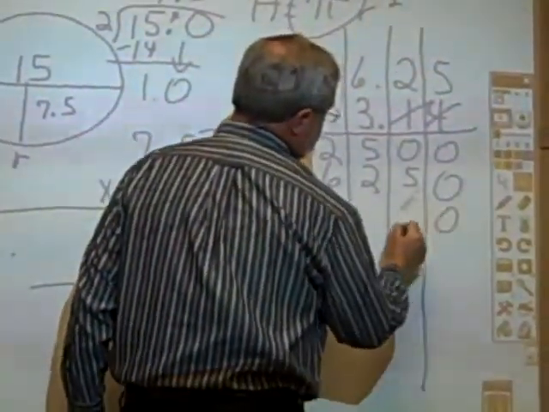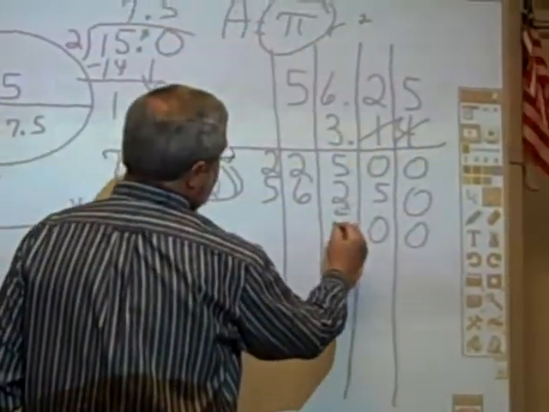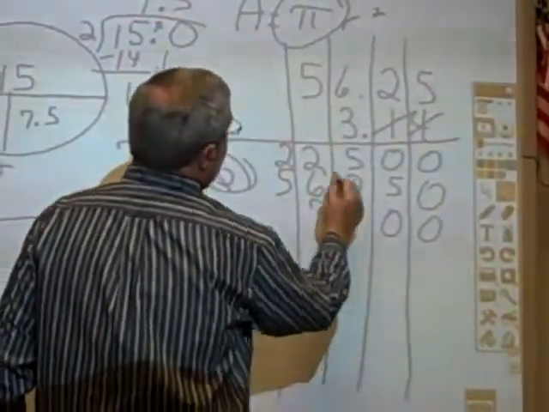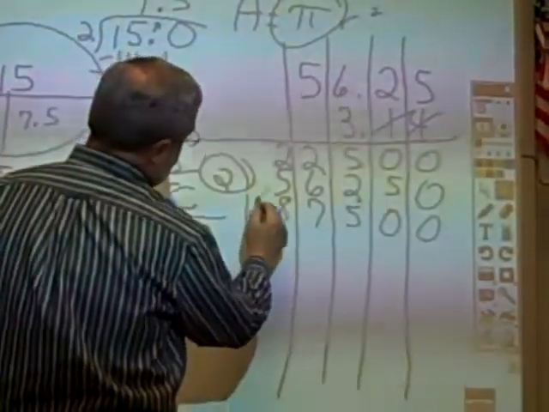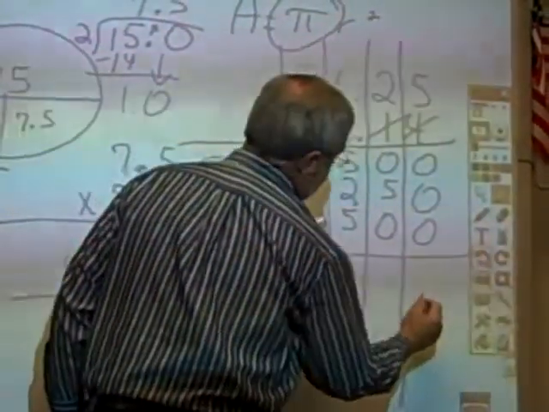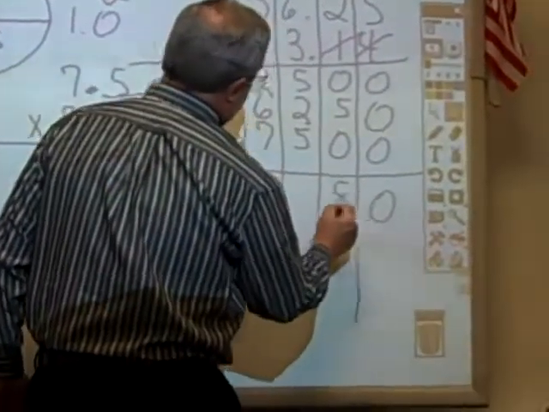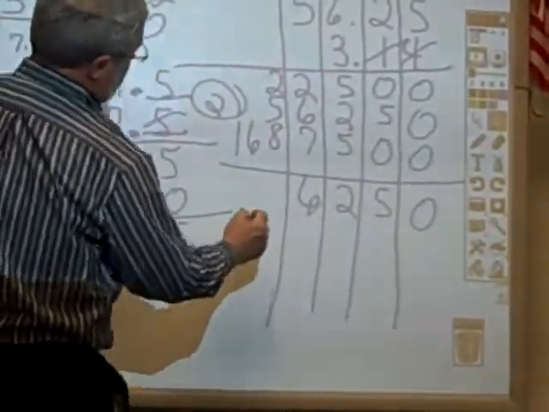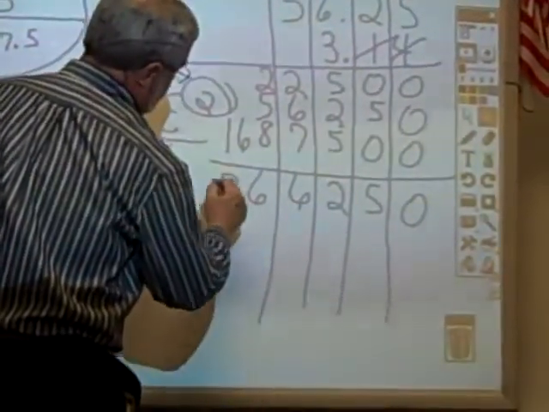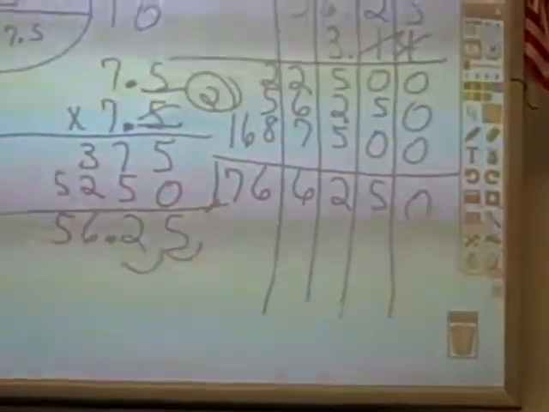Cross it out, put 2 zeros. 15, 7, 18, and 16. Might run out of room over here. Add it down. 12, 16. Yeah, that one gets a little bit drawn out.